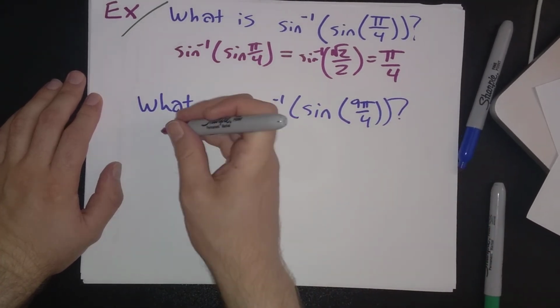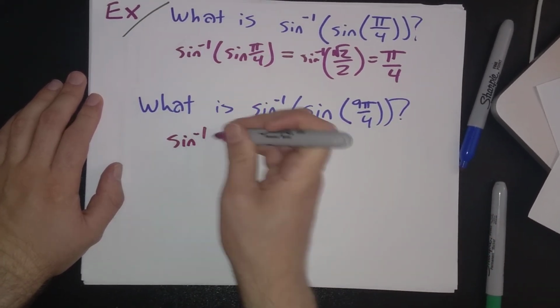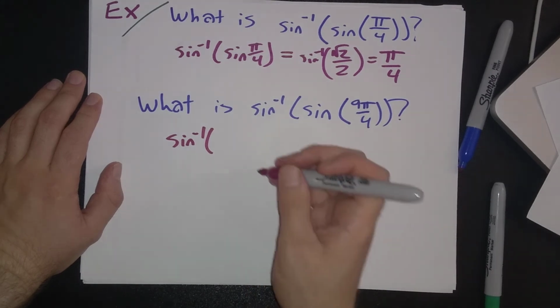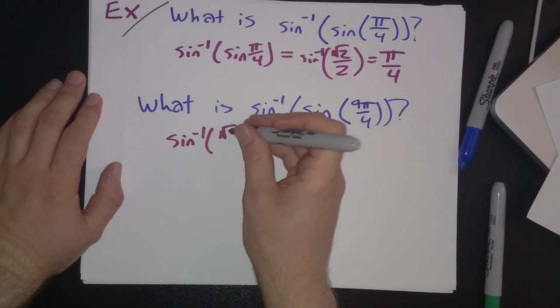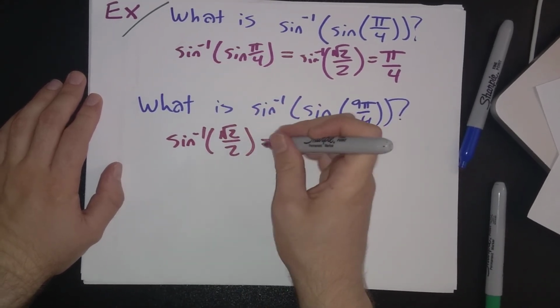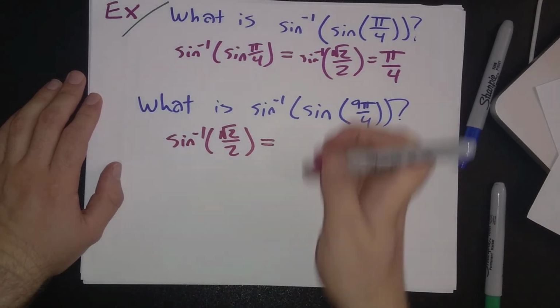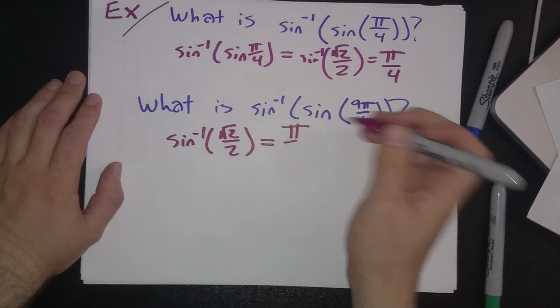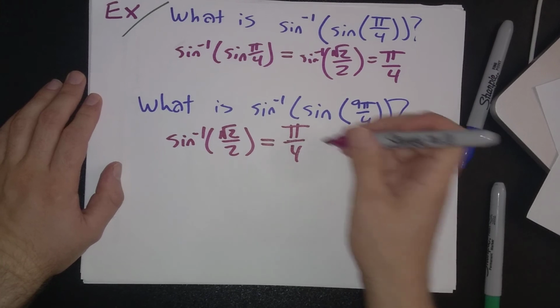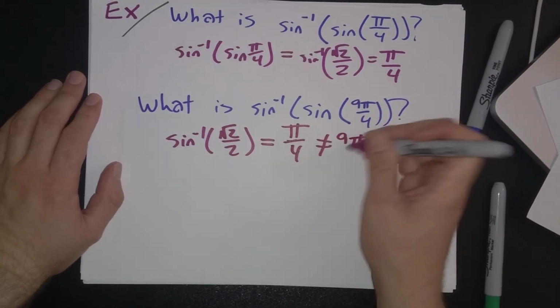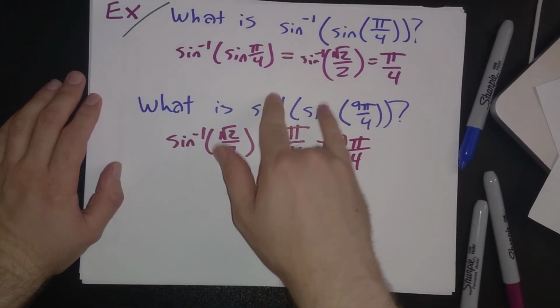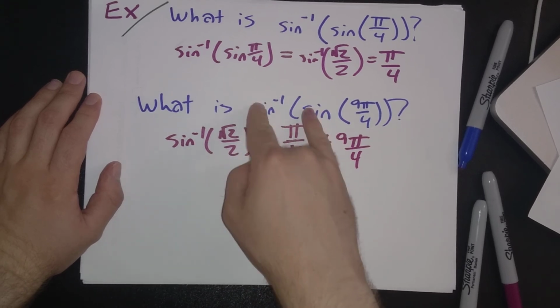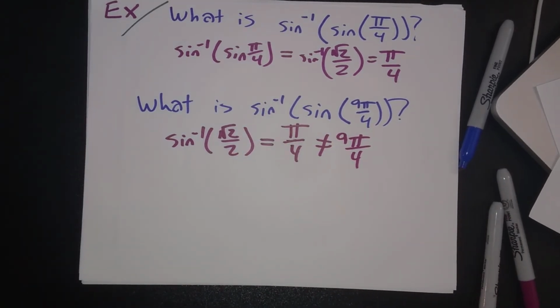So sine of 9 pi over 4 is going to be the same as sine of pi over 4, so that's root 2 over 2. And the inverse sine of root 2 over 2 is equal to pi over 4, which is not equal to 9 pi over 4. So here's a case where we can't just cancel out inverse sine and sine.